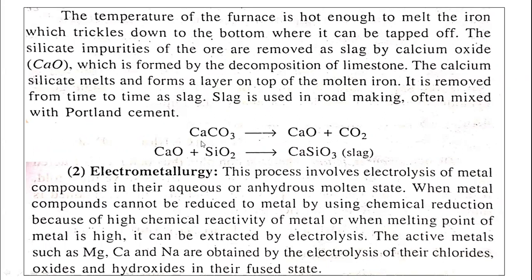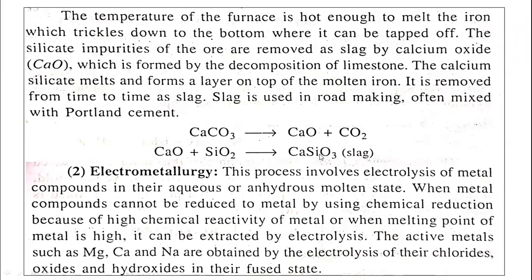In presence of heat, calcium carbonate is converted to calcium oxide and carbon dioxide. Later on, this calcium oxide combines with the impurity silica, and calcium silicate is removed as slag. So in the smelting process, the impurity is also removed as slag. We obtain the metal as well as the slag.